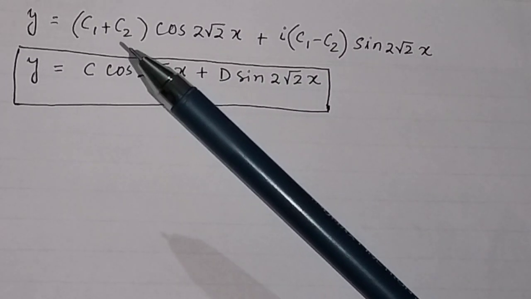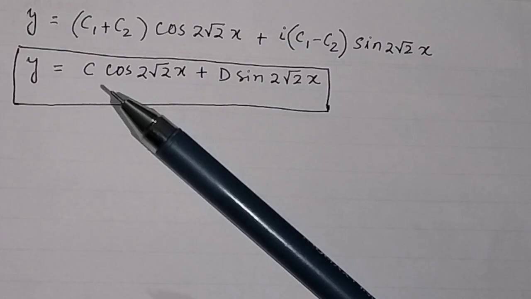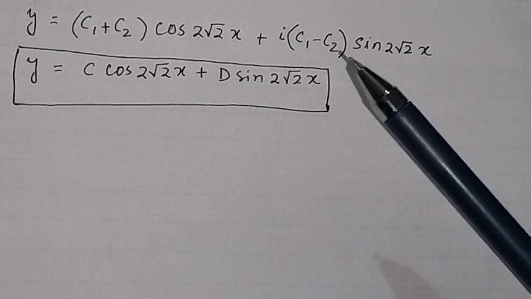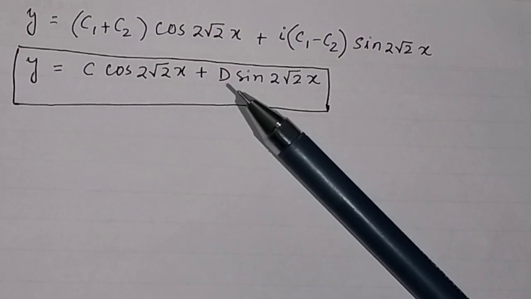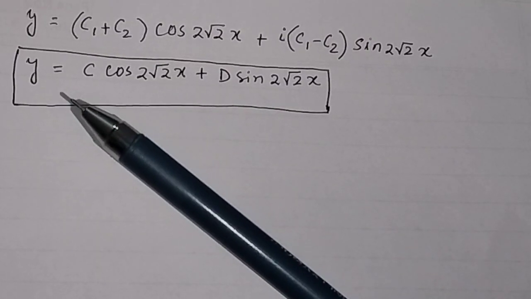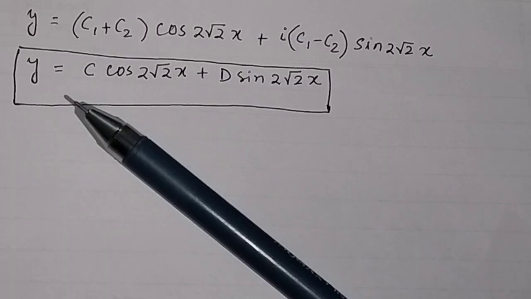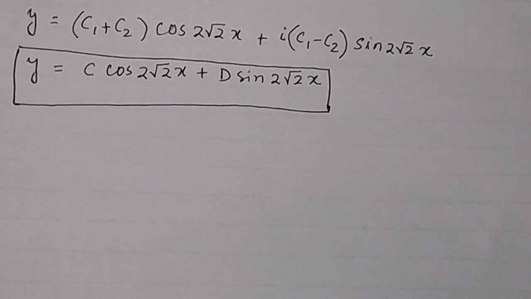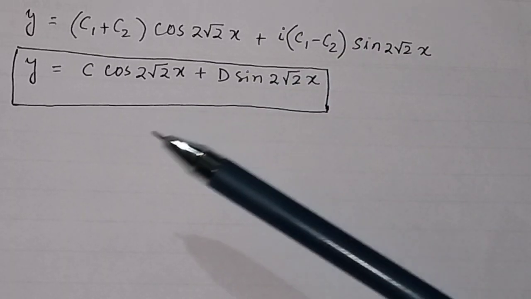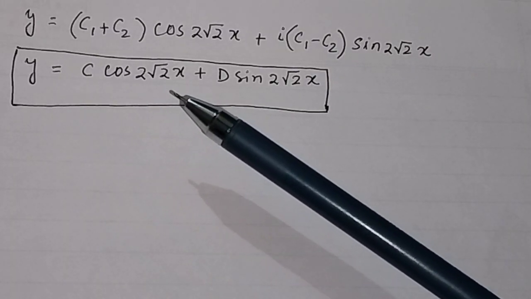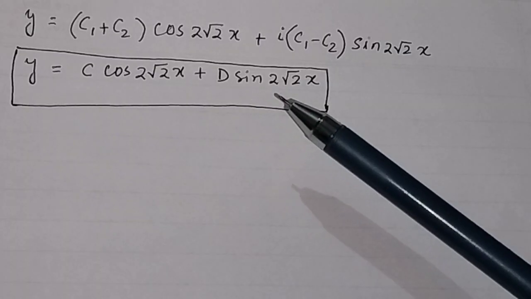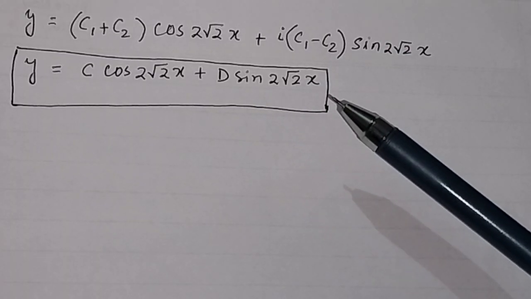If you take c1 plus c2 as another constant c, and i into c1 minus c2 as another constant d, then the solution of the given second order homogeneous linear differential equation with constant coefficient is given by y equal to c into cos 2 root 2 x plus d into sin 2 root 2 x.